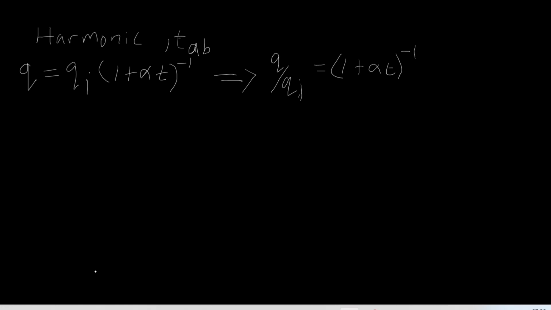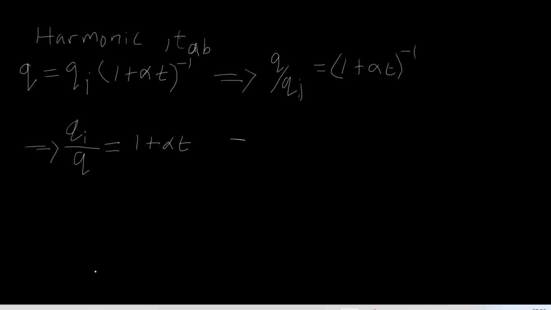Getting rid of our minus here, we then have that qi over q, we are inverting this side of the equation, is equal to 1 plus alpha t raised to power 1, but we inverted it. So if that is so, we can also get rid of our brackets.